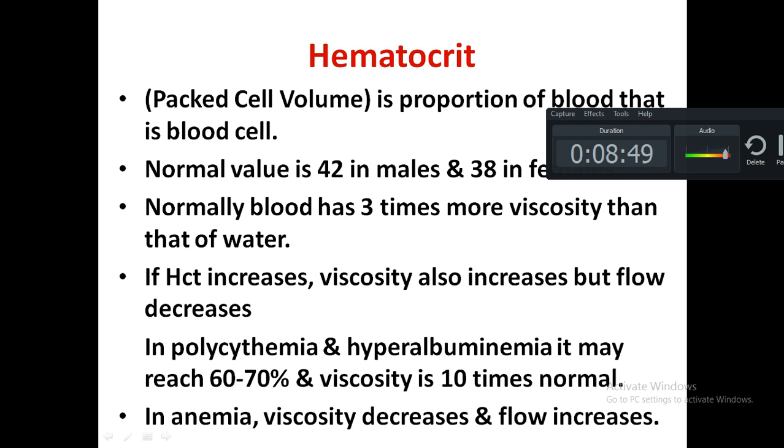In these conditions, the hematocrit may increase up to about 60 to 70%. That means the RBCs will occupy about 60 to 70% of the whole column of blood, and then the viscosity may become about 30 times normal. In anemia, on the other hand, the viscosity will decrease, and that will increase the blood flow.